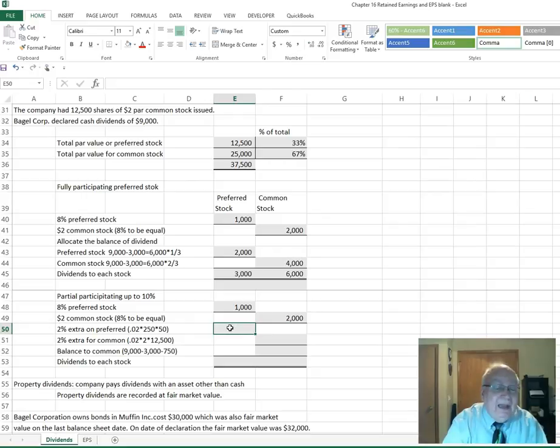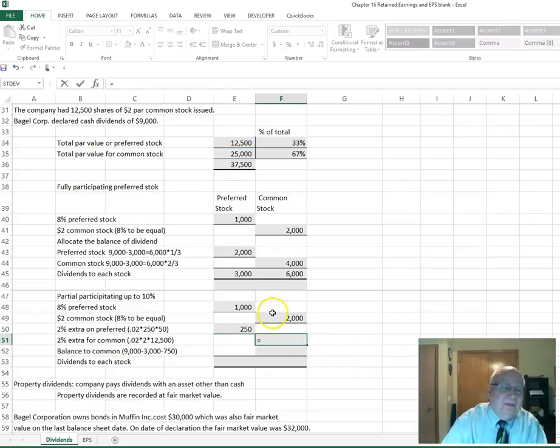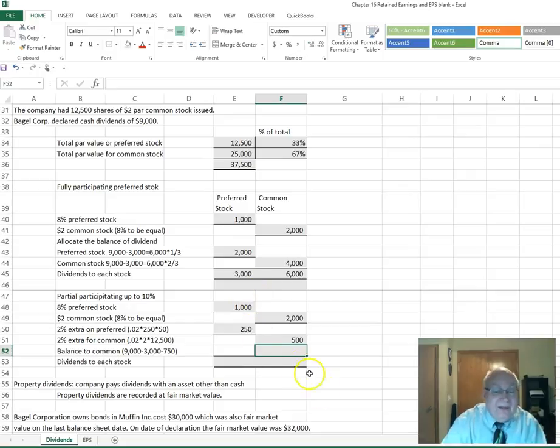Now, they only get an additional 2%, provided we have it. We would have the 12,500 times 0.02, and then the same thing, the 25,000 times 0.02, because they get an equal share, and we have enough in there, so they get both of it.